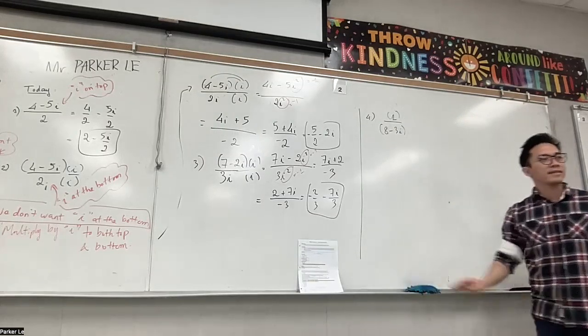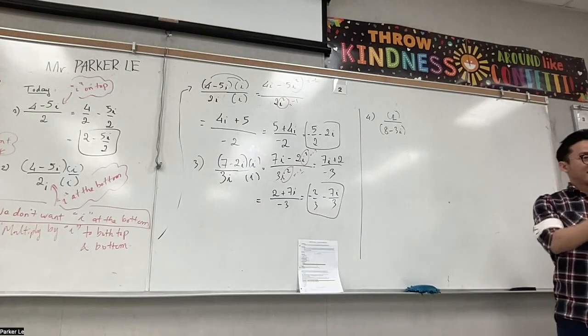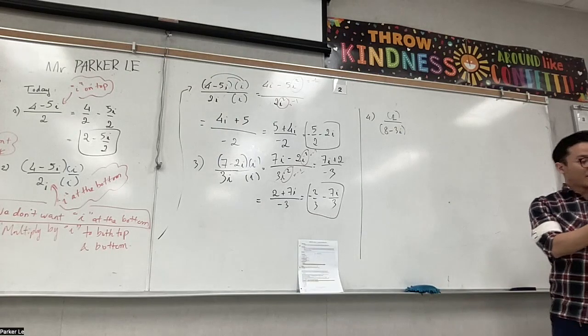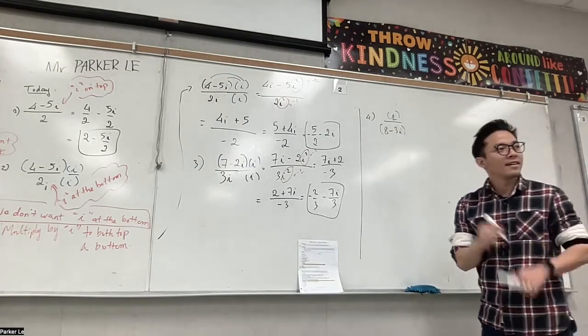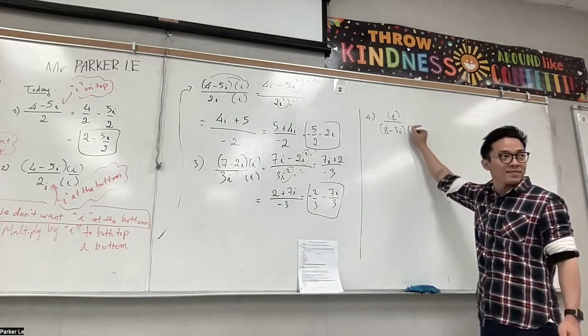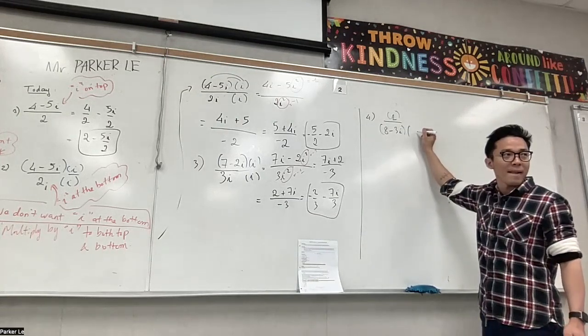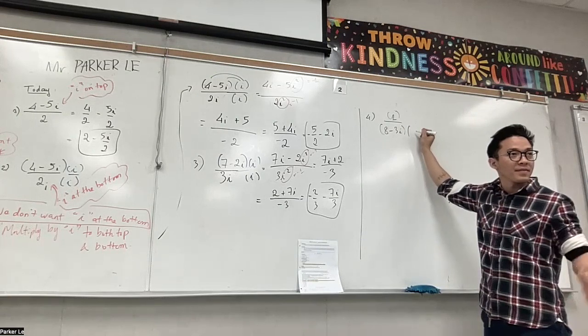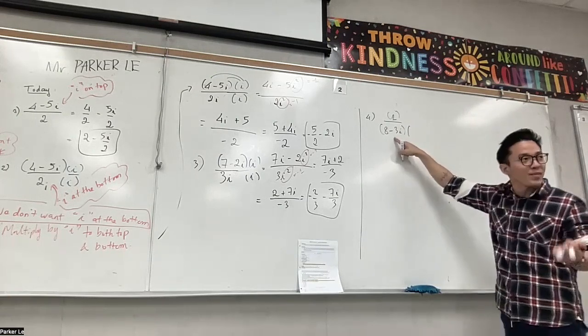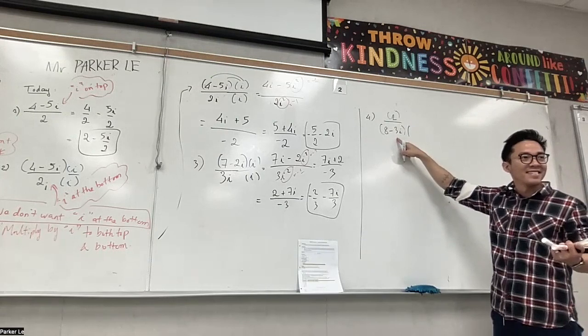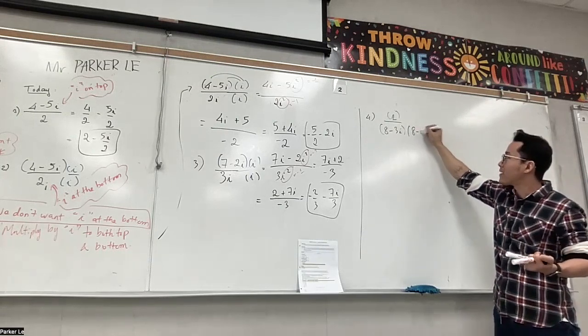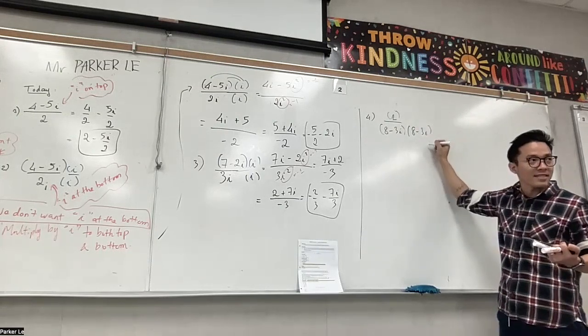What do we multiply by? Multiply by what? So a minus 3i. Multiply by this.